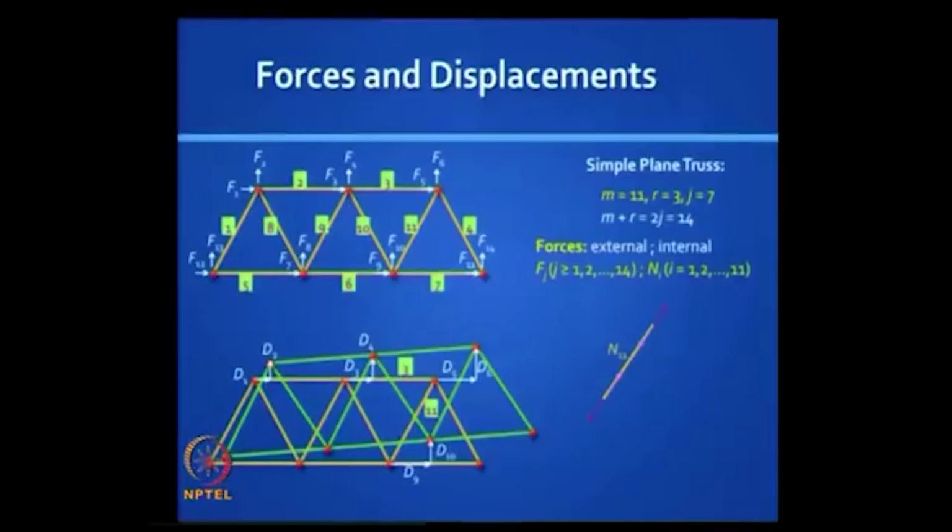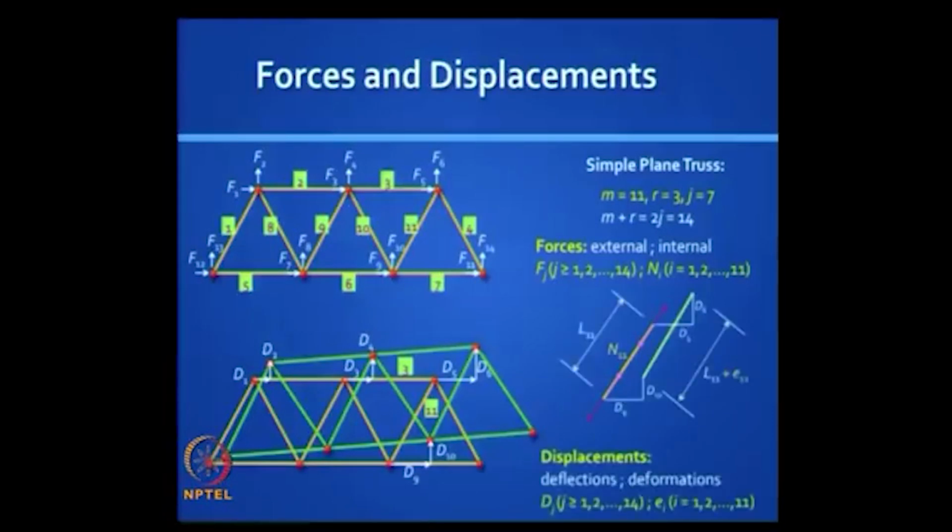So you can have 14 values of displacements. Now let us look at that same bar and see it has displaced in a certain manner. You will find that the movements at the two extreme joints, which we have labeled here D9, D10, D5 and D6, will dictate how much that bar has deformed, because this is simple geometry.